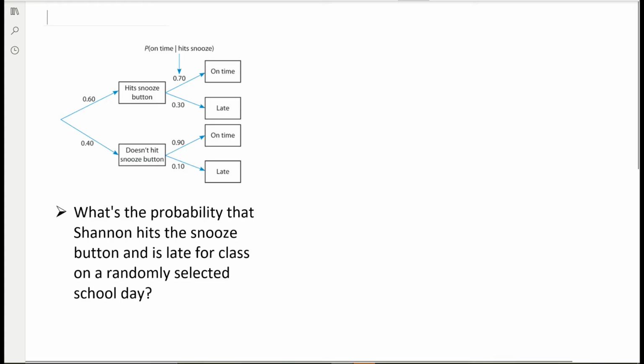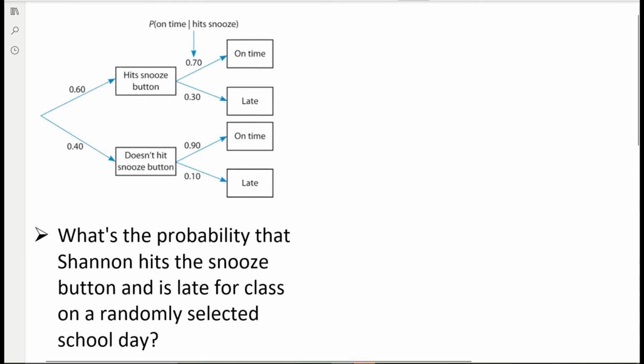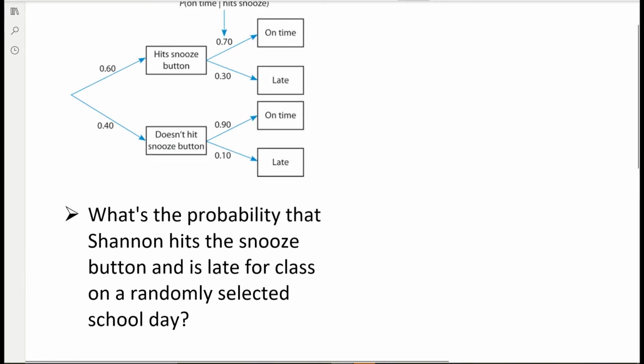So now we're going to actually ask the question, and we're going to repost the tree diagram from earlier. What is the probability that in this case it's Steve, hits the snooze button and is late for class on a randomly selected school day?